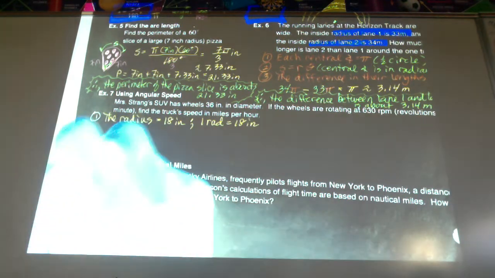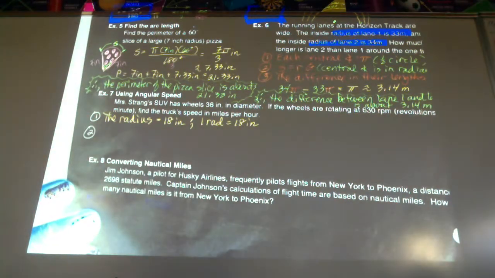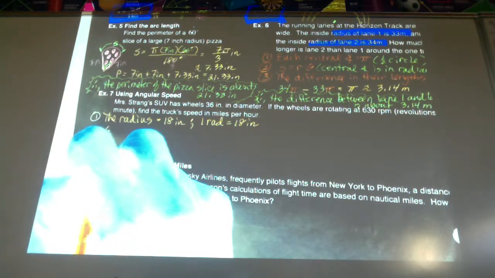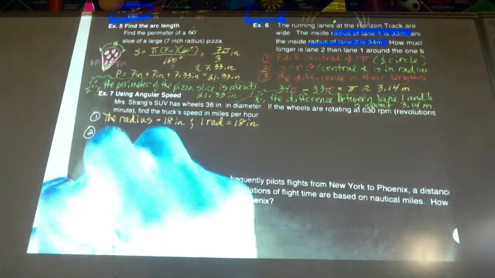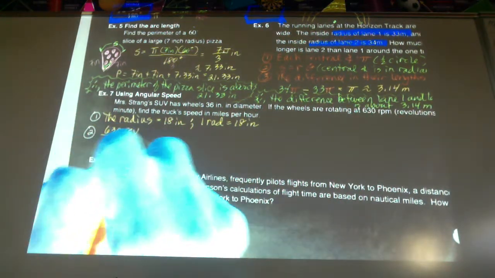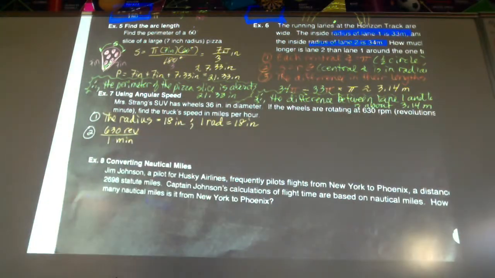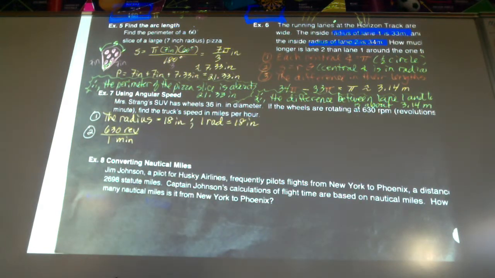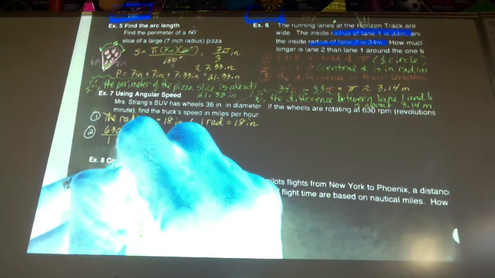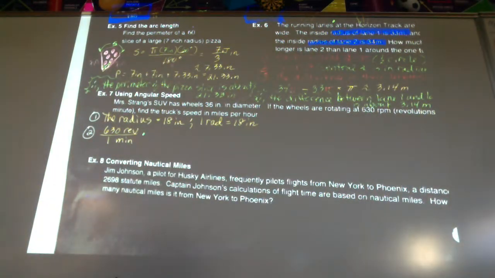Let's start with our conversion. So we've got 630 revolutions, so revs, per 1 minute. Let's go with the easier conversion, minutes. We want to convert minutes to hours. Do you know how many minutes are in an hour? 60. So does 60 minutes go up top or on the bottom?